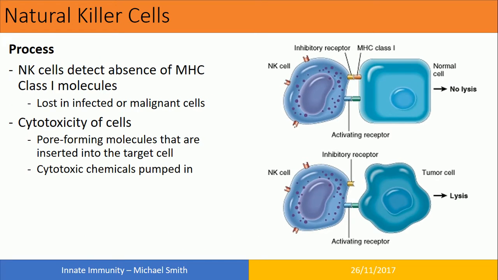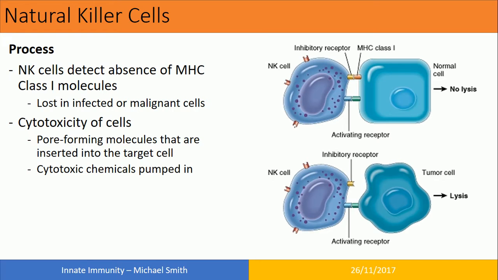So we also have natural killer cells. So all human cells in the body have something called MHC class 1, except for our red blood cells. Now, when you have an infection and cells become infected, or you have tumour cells, they will lose this MHC class 1 molecule.